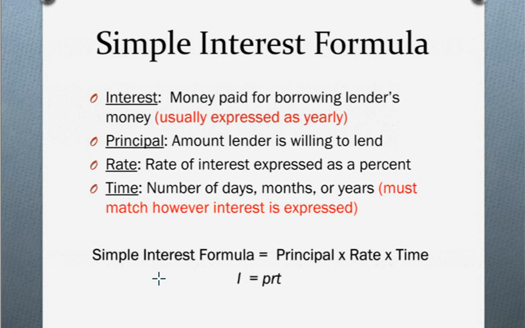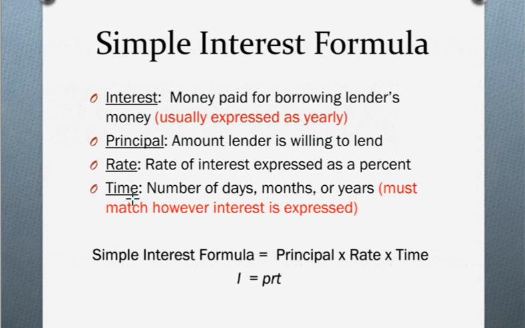The rate, we express as a percent, but we use it as a decimal. And then T is the number of days, months or years, however the interest is expressed. If our interest rate is expressed as an annual rate, which is most common, then your time must also be in years. If the interest rate is expressed as a monthly rate, then your time has to be in months.